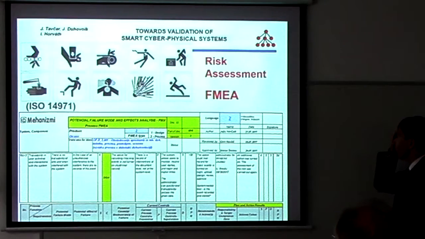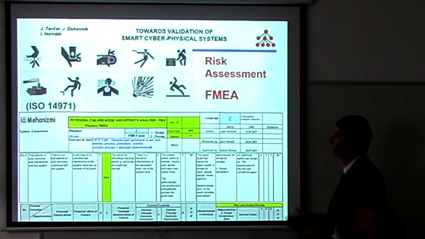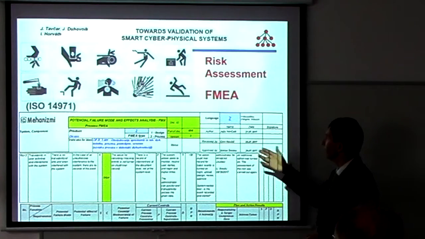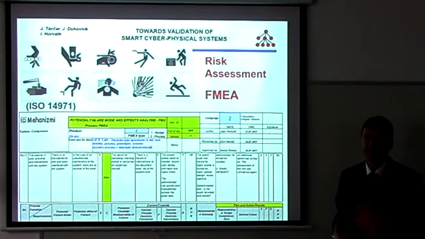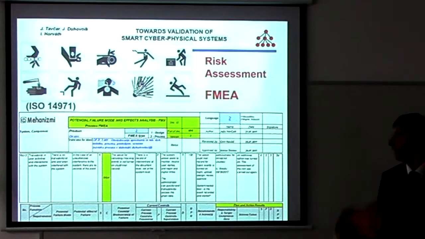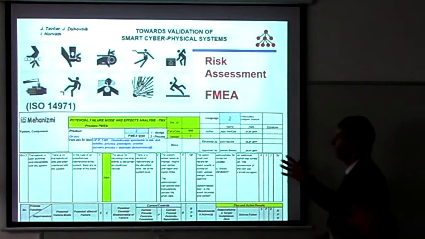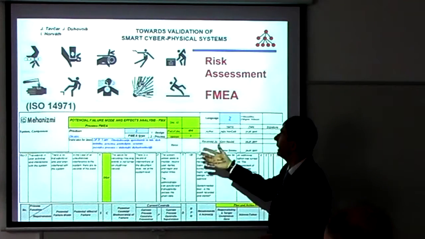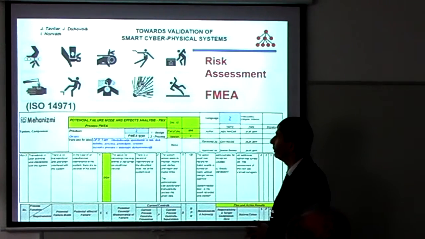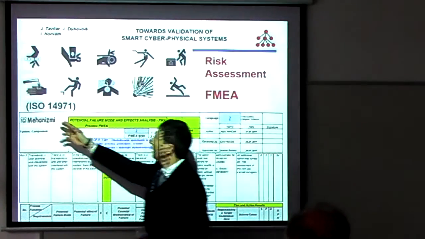So how do we perform risk assessment in the company? It is failure modes and effects analysis. Because the company has a background in the automotive industry, this is a known method, and we also apply it for risks. We can use some standards.